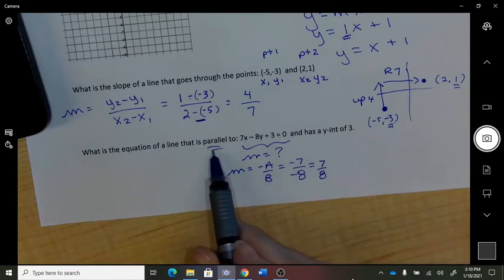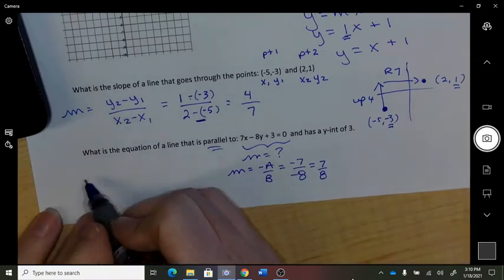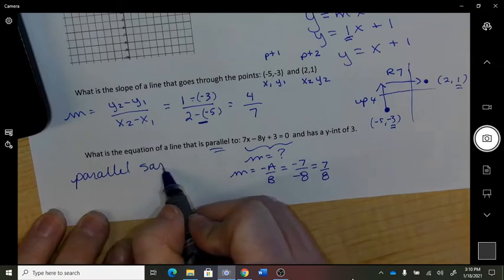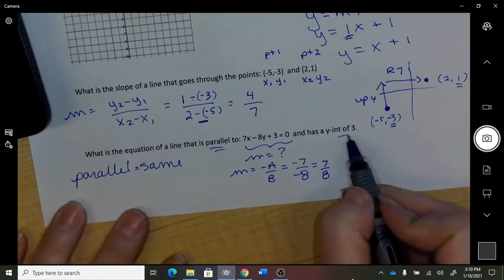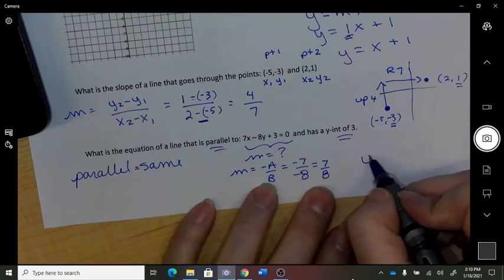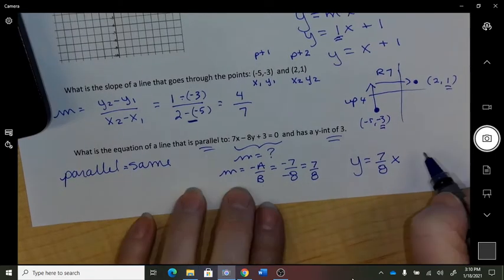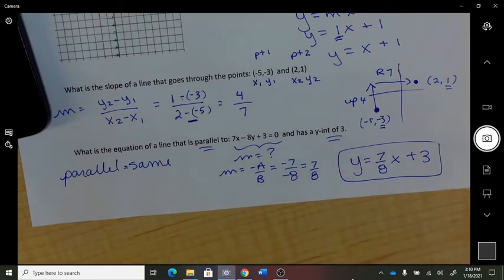So my question is, when you have a parallel slope, your slope is going to be what? So if this is 7/8, yours is also 7/8. So now I know a y-intercept of 3, and I know my slope is 7/8. mx plus b. Parallel is the same slope.